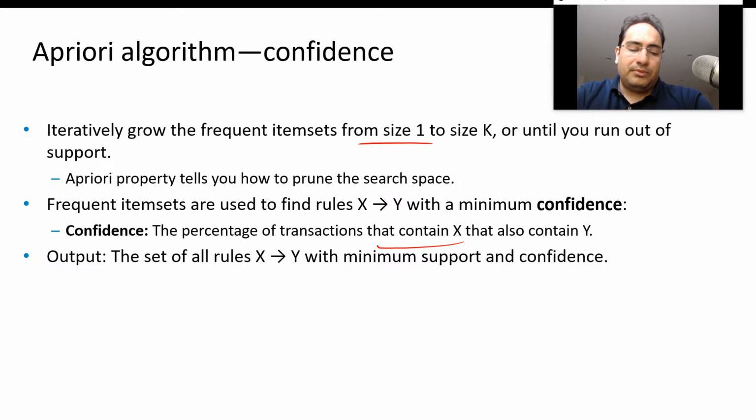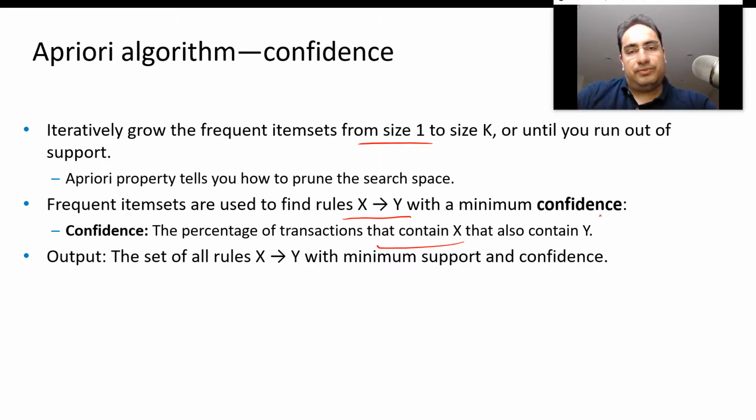So the a priori property lets us prune the item sets that do not have the minimum support. And the frequent item sets that we create are used, after we find them, to help us find rules in the form of X then Y that have a minimum confidence.